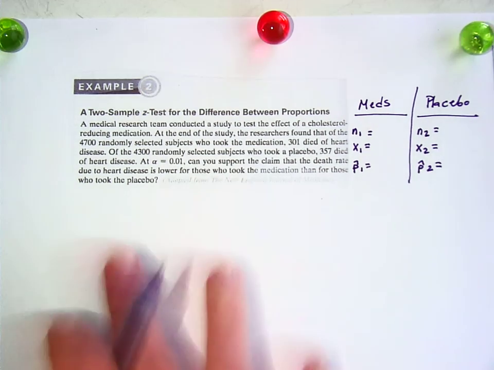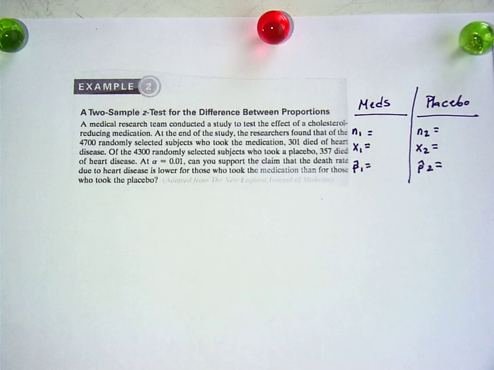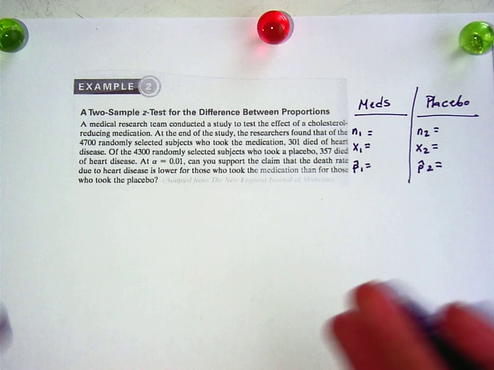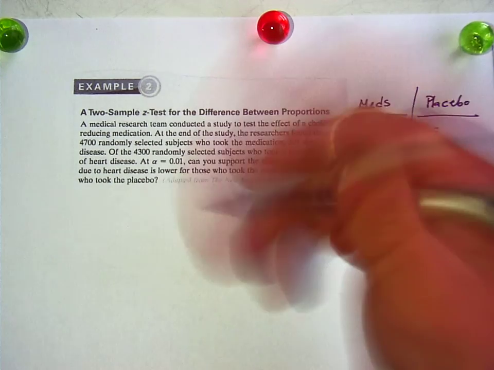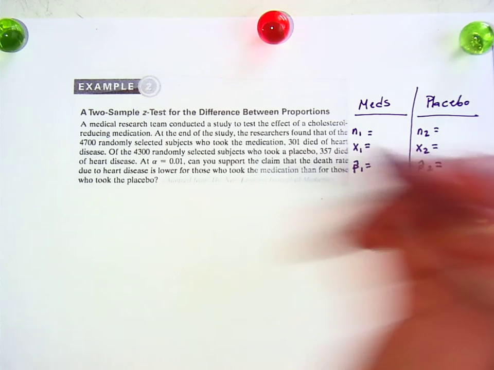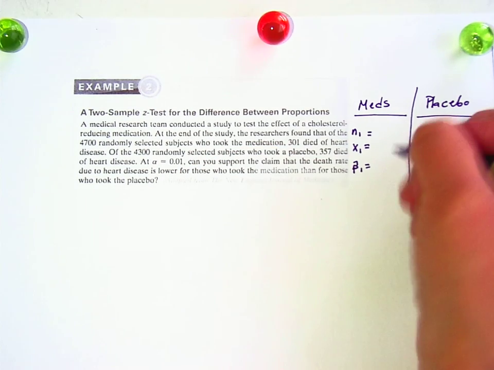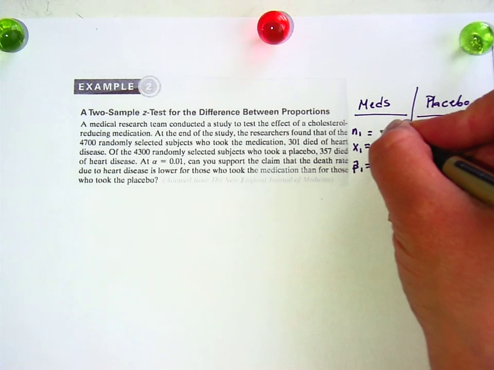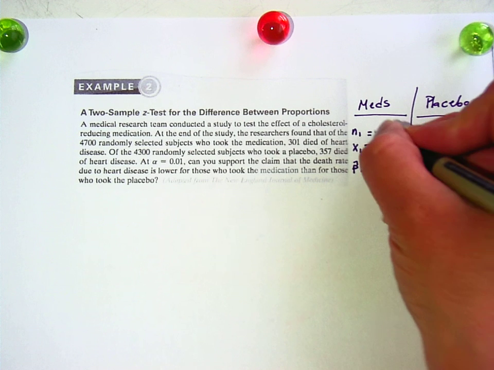And by the way, it does matter on this one which one you call which. I guess it really doesn't matter which one you call which, but then you might have to switch what your null and alternative hypothesis are, because we are saying in this one that the death rate is lower for the people who took meds. And so the other one, it doesn't matter as much because it's a two-tailed, so it could go either way, but on this one, it does matter which side you're on for positive and negative, so be careful about that.